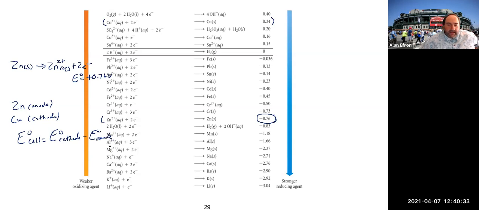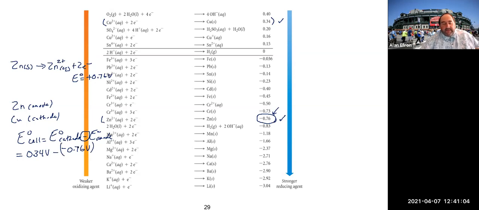Okay. Now, technically speaking, like I was saying earlier, if we use this equation and we're going to subtract, we would simply go to this table and find those two values. And we would see that, again, our cathode is copper, which means we would end up with 0.34 volts minus the value that we find for zinc in the table, which would be minus 0.76 volts.